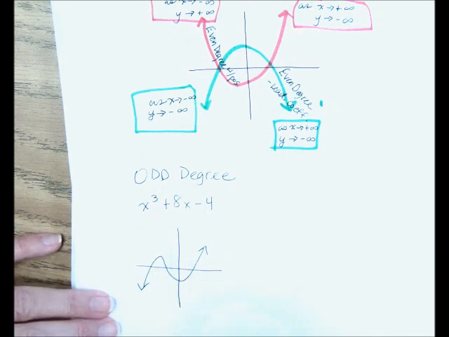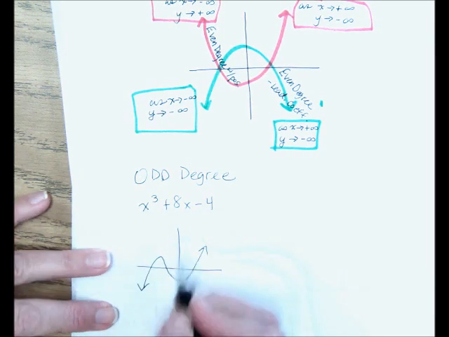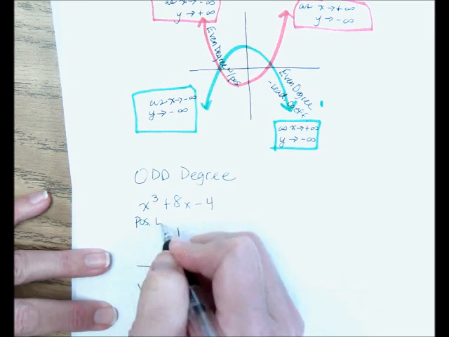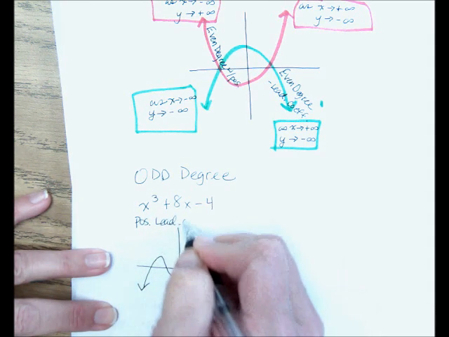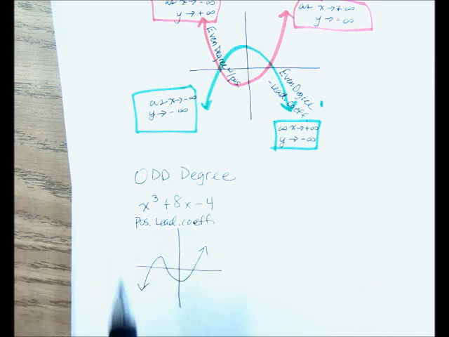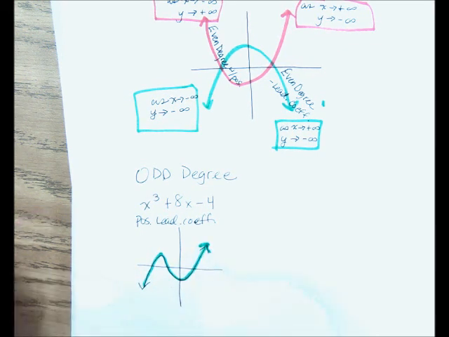They're not the same. It's different. It means that one starts one place and the other ends in another. But this is for a positive leading coefficient and an odd degree.